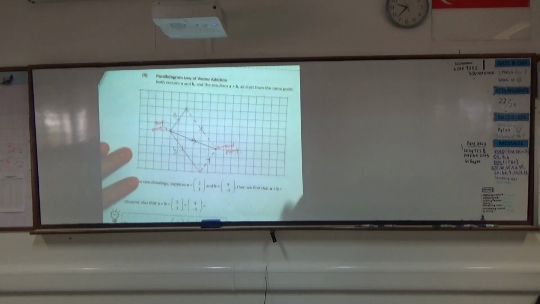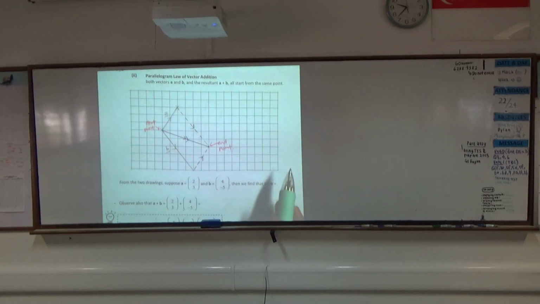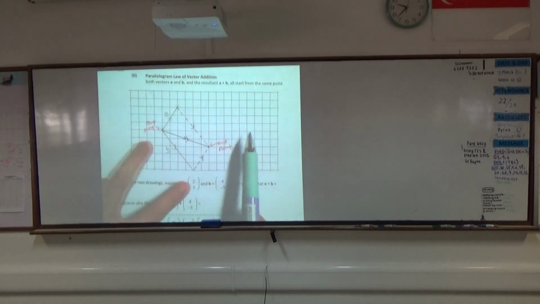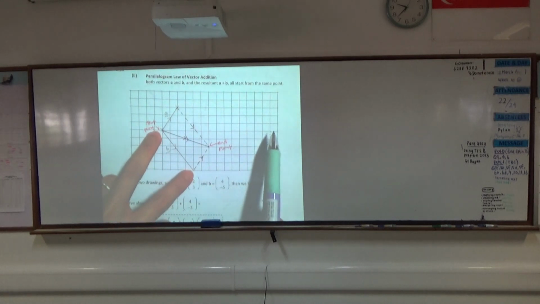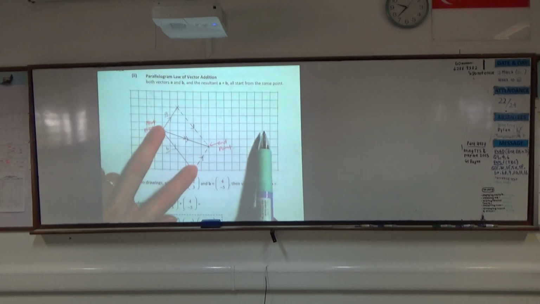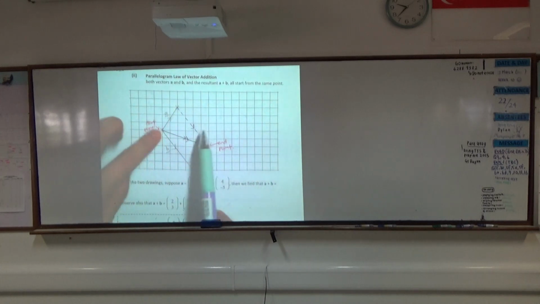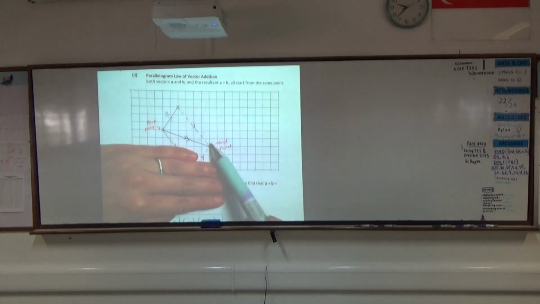The parallelogram law is consistent with the triangle law, because when I put my parallel vector to B upwards, this triangle is the same as what we had in part I when I used my triangle law.